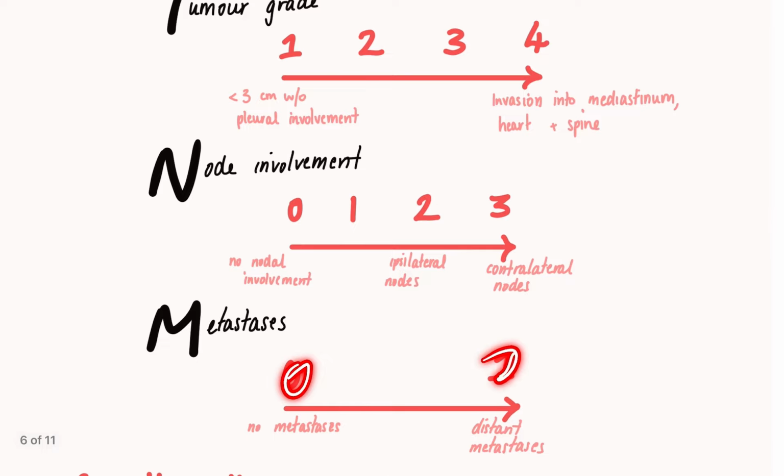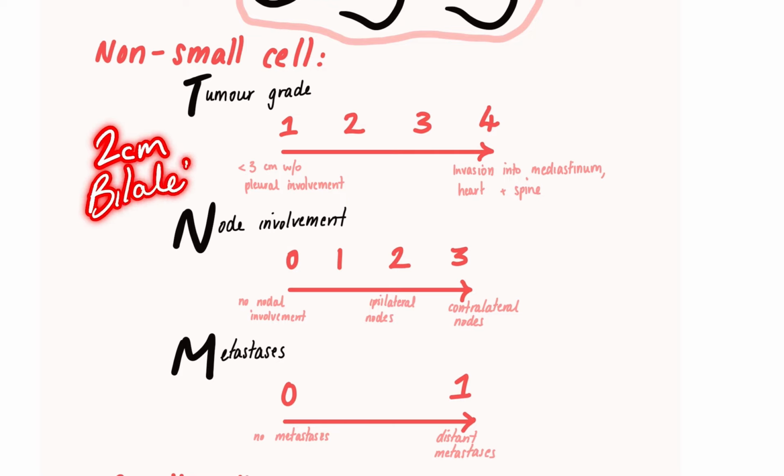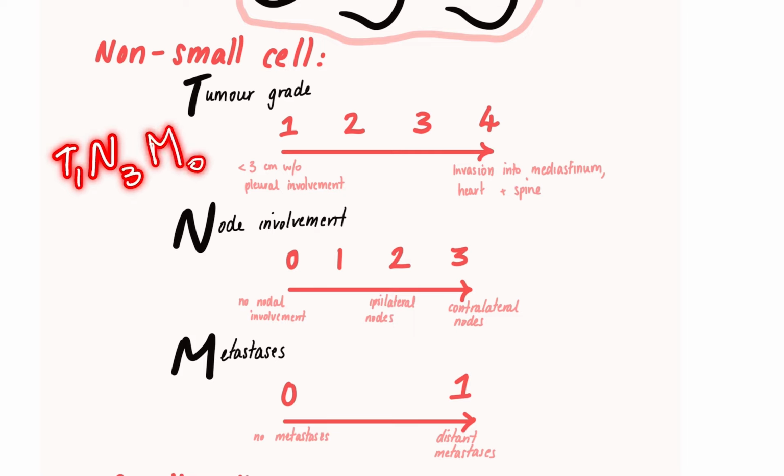So you either get no metastases or distant metastases. So say you had someone who had a tumor that was 2 centimeters and you had bilateral lymph node involvement with no metastases. They would have a tumor grade of 1, a node of 3, and a metastases of 0. So T1, N3, M0.